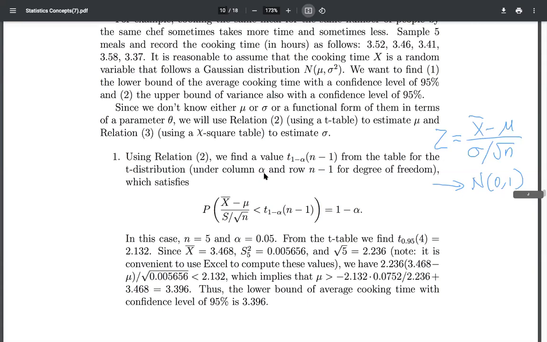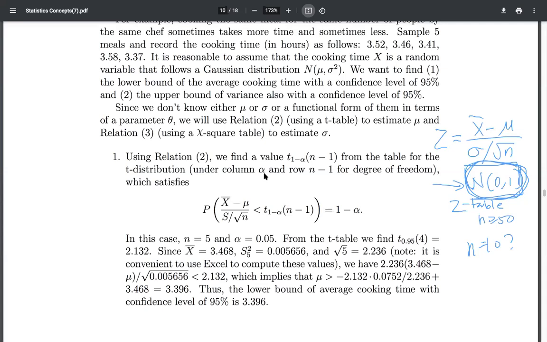That means that when n is big, I can be very confident using the normal distribution table, the z table. But if n is not big, as I said earlier, if you get 50 sample points, then you should probably use this. But if n is less than 50, say n is only equal to 10, what are you going to use?